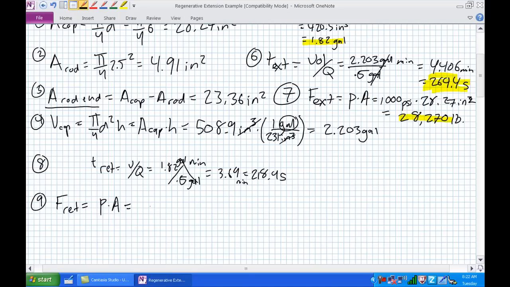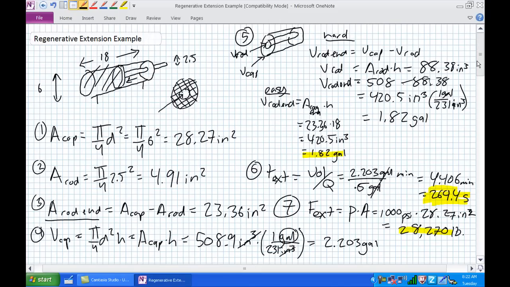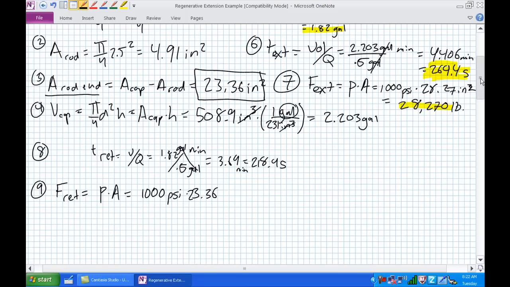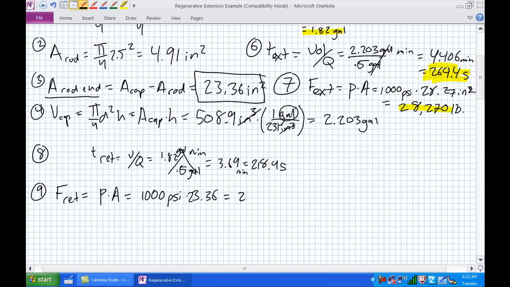Okay, so at 1,000 psi times our functional area of 23.36, which again was our functional area of our rod right here, gives a force of 23,360 pounds, which is confirming our suspicion that it is slightly weaker than at extension.